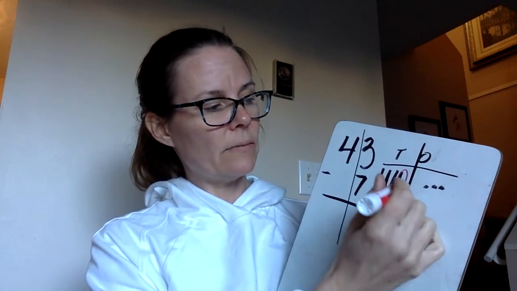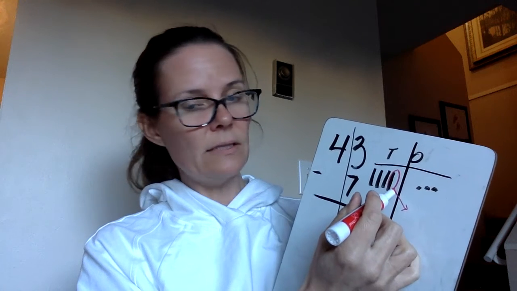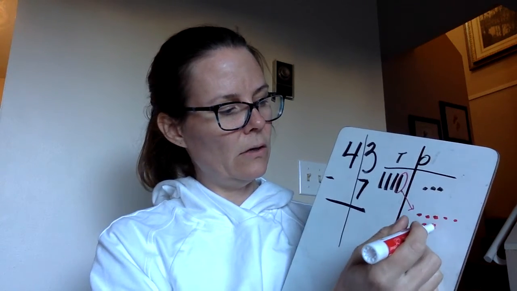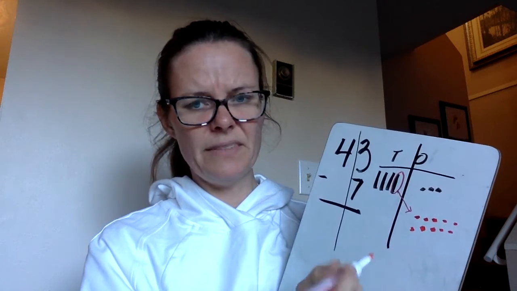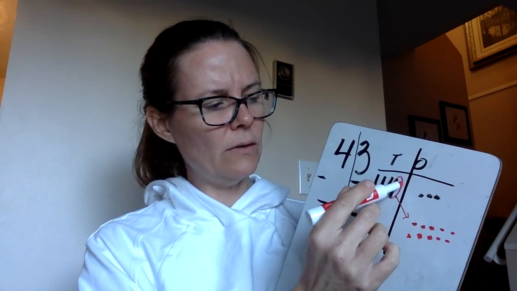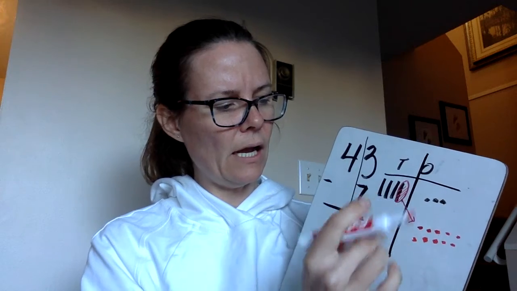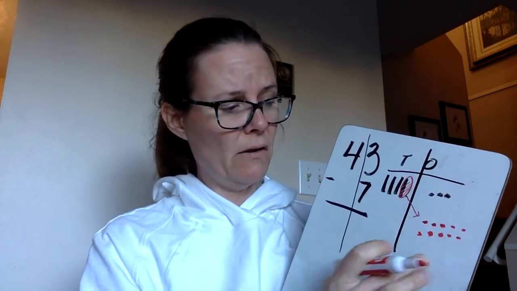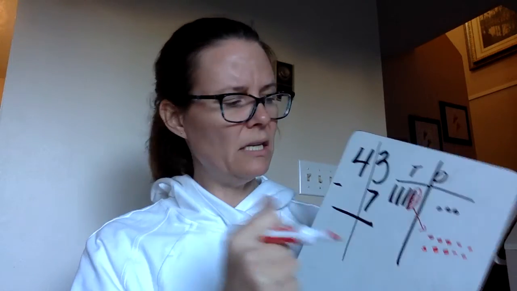So I'm going to do this. I'm going to take this guy right here, and I'm going to break him down because he's still 43. That's still 43. All I did was karate chop him, hiya, hiya, hiya, and moved him over there. Still 43. Easy.